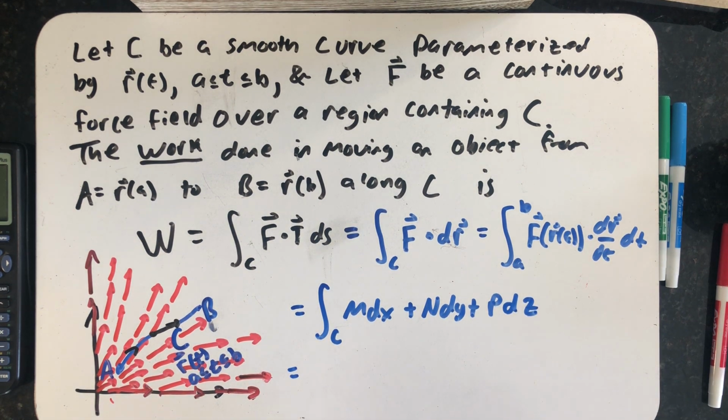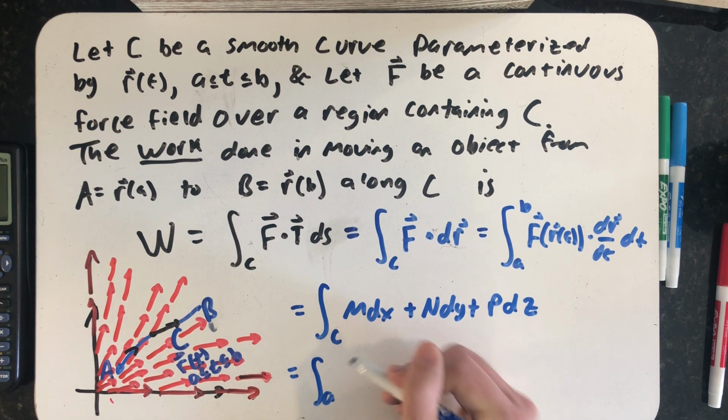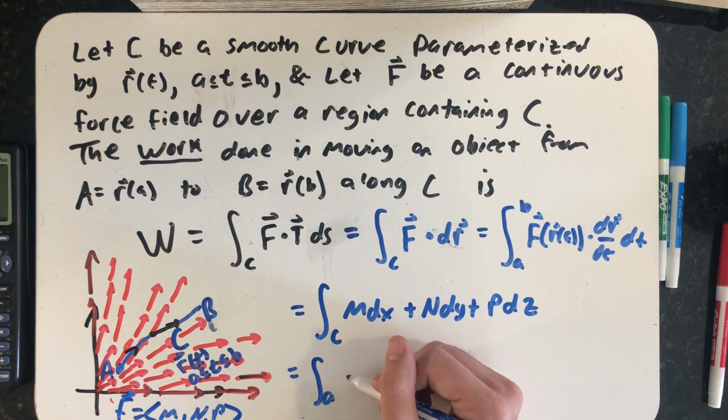Because I know that I can write M, N, and P, where I'm thinking of those as the components of my vector field F, I can plug R of t into those and get them in terms of t.